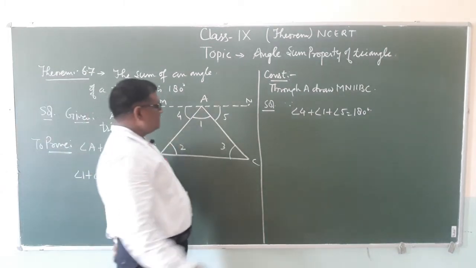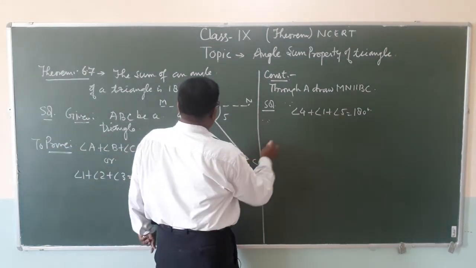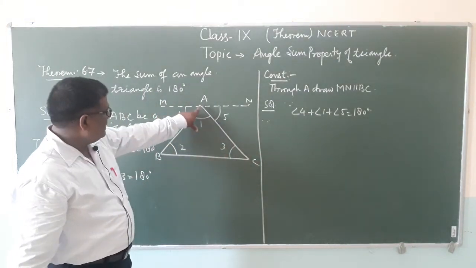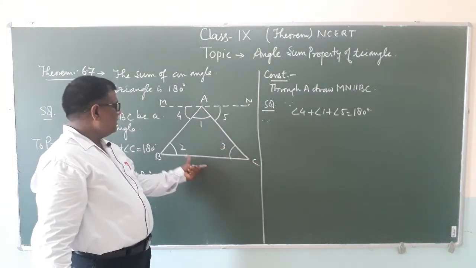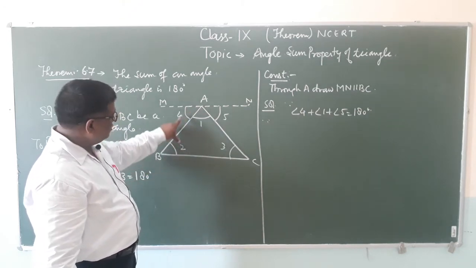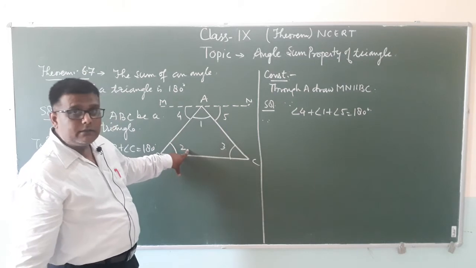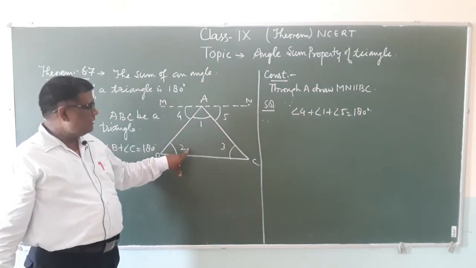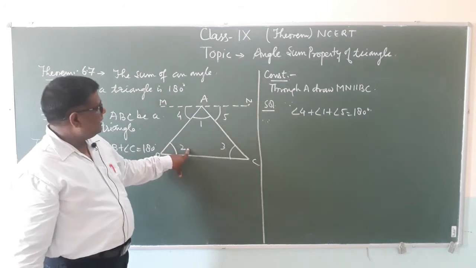Since MN is parallel to BC, therefore AB is a transversal, so angle 4 is equal to angle 2, because these are alternate interior angles.